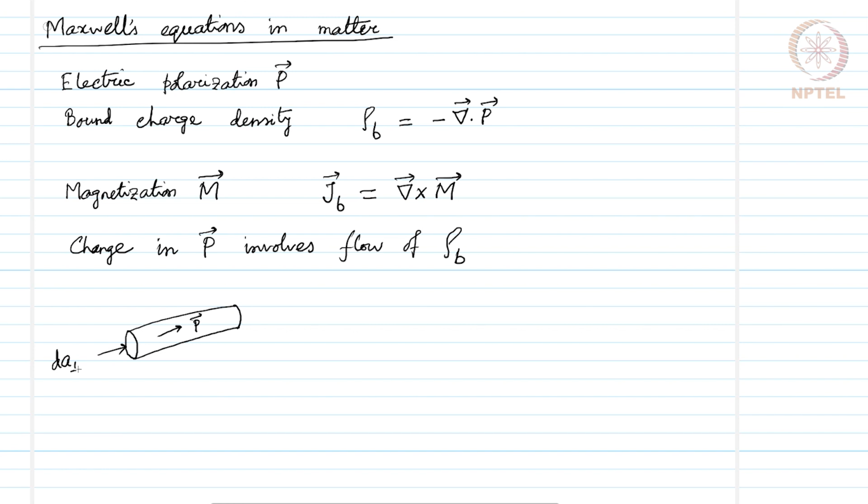If we have this kind of an arrangement, then the polarization introduces a surface bound charge density, which can be given as the magnitude of the polarization itself under this configuration where the area and the polarization are in the same direction. That is at one end, and on the other end it would be minus sigma b.